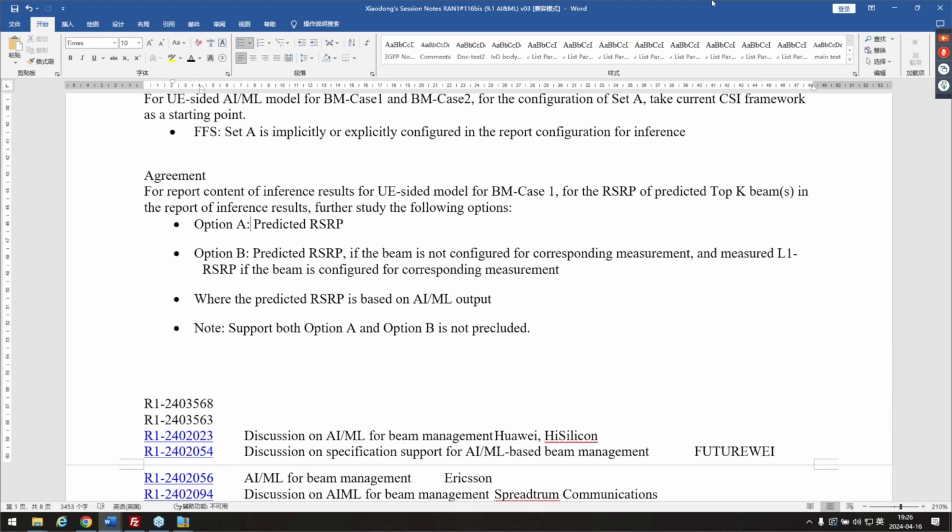Because you didn't want to mention set A or set B in this proposal, it implies that there is no AI inference for option B. So for option B, if the reported RSRP is based on the measured RSRP, all the beams are measured beams, not inference beams.